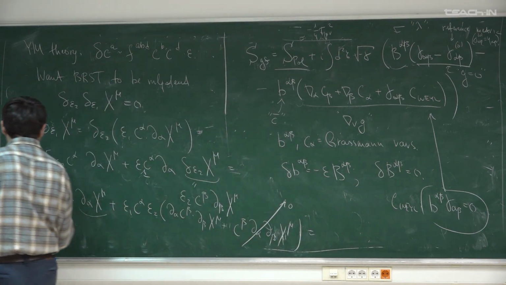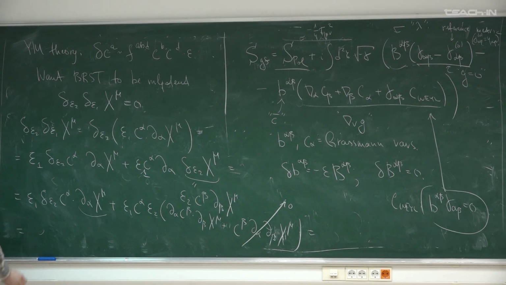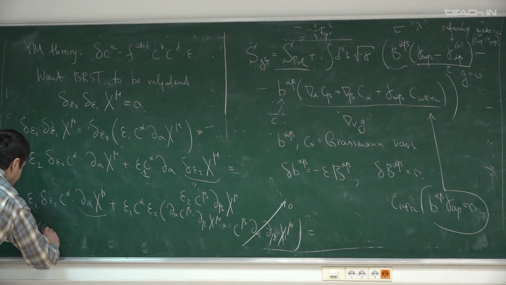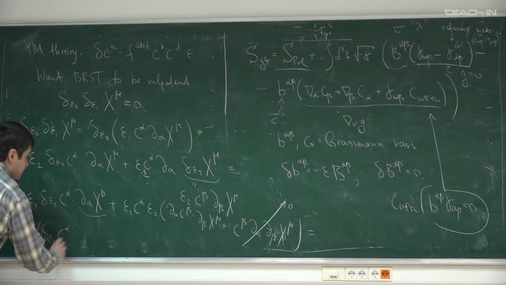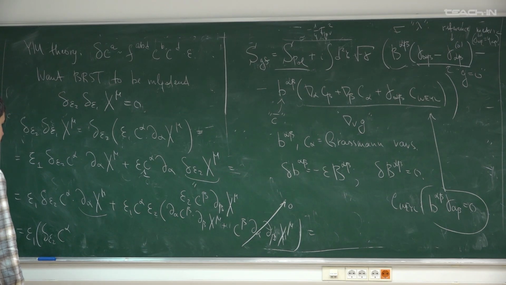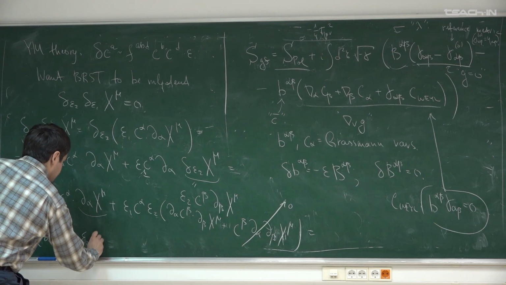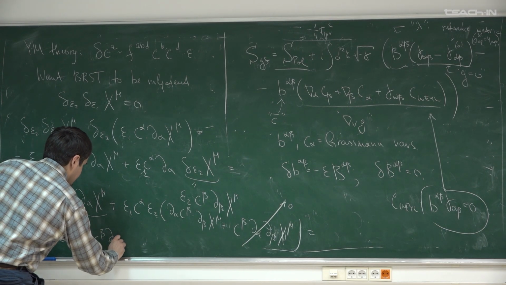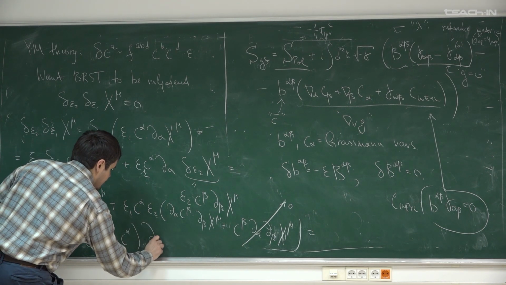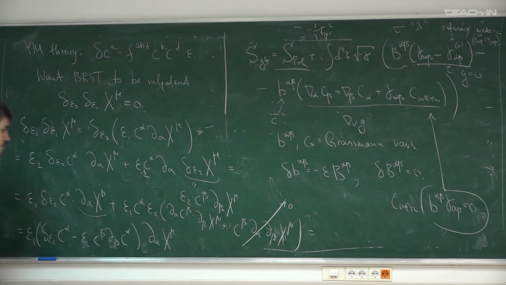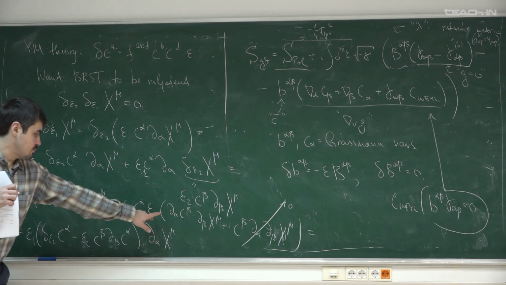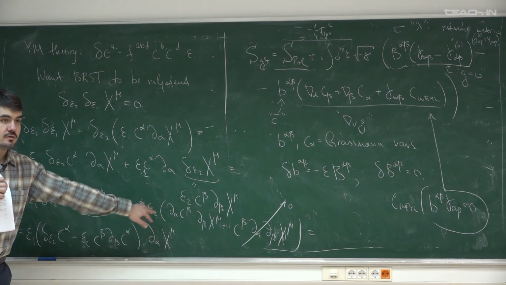So what we get is epsilon 1 delta epsilon 2 C^alpha minus epsilon 2 C^beta d_beta C^alpha times d_alpha X^mu. I've swapped the alpha and beta summation here.